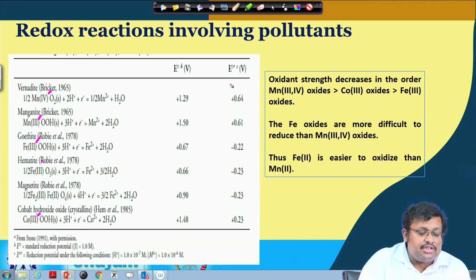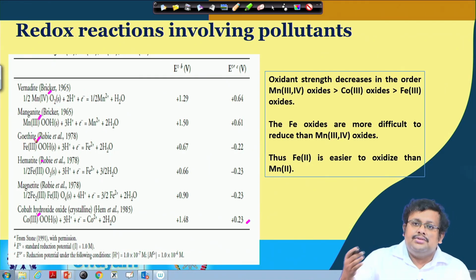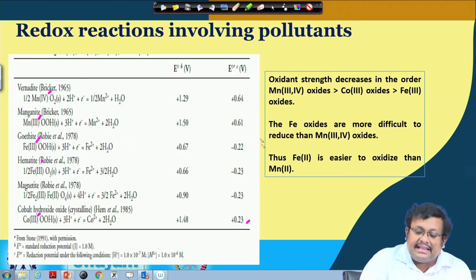In case of Mn4, in both these conditions it is positive, followed by cobalt, and then in case of iron it is already negative. So, obviously, among all these, manganese Mn4 and Mn3 will show the highest tendency to get reduced, followed by cobalt and then by Fe3 ions.